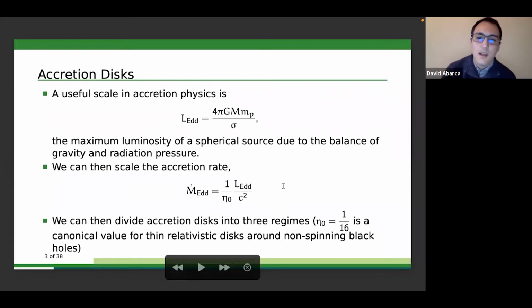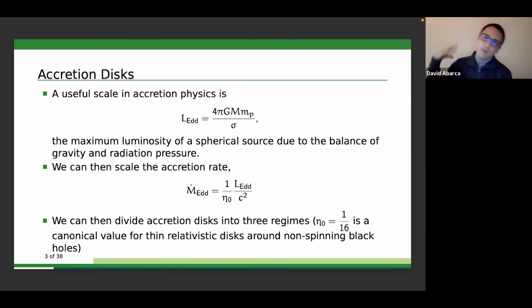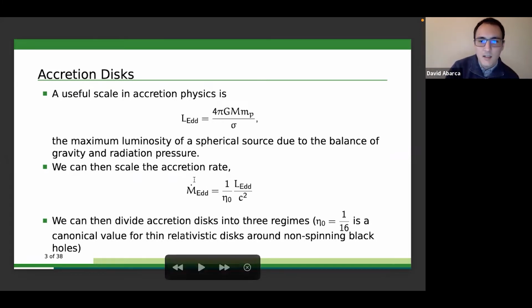In order to do that, we introduce something called the Eddington accretion rate. If you take the Eddington luminosity and figure out what rate of mass accretion we need to produce one Eddington luminosity, that's the Eddington accretion rate. And this efficiency, people actually use different numbers for this.